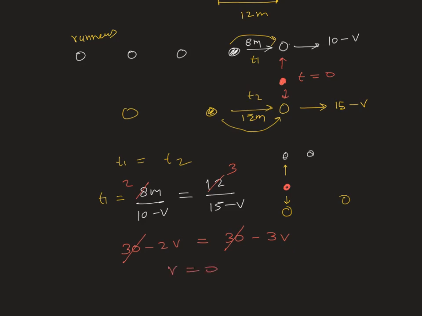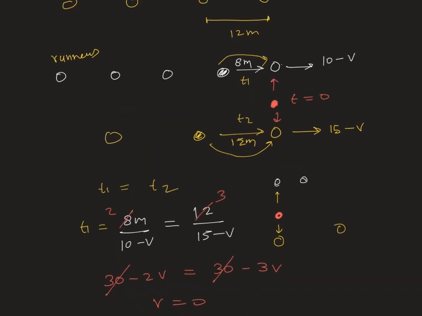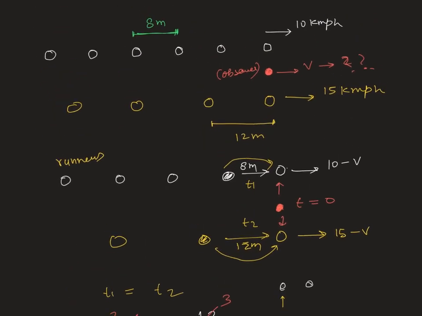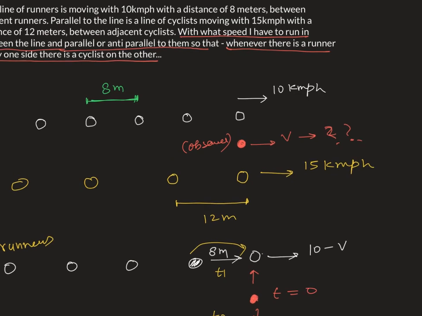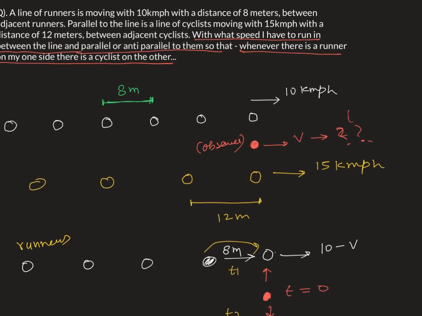So that means I should be at rest. I should not be moving at all. V equals to 0. And let's see how that checks out. So if I'm at rest, what would be the time required for this runner to come over? That will be 8 by 10.